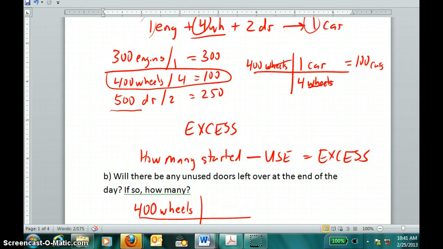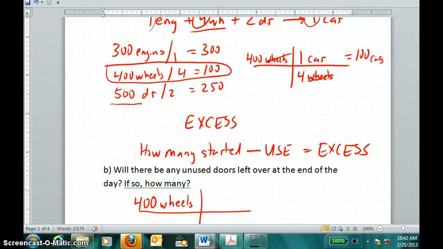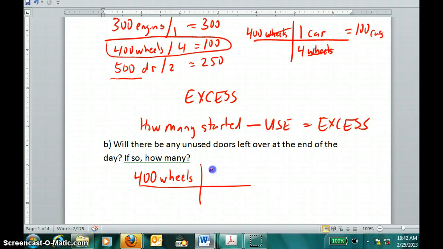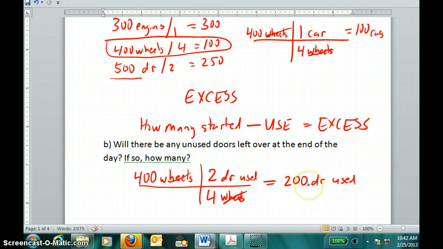In this relationship, for every 4 wheels, we use 2 doors. I like to label that used, so I won't make a common mistake. That means 200 doors are used during the day, which makes sense. Making 100 cars, we're going to use twice as many doors, 200 doors.